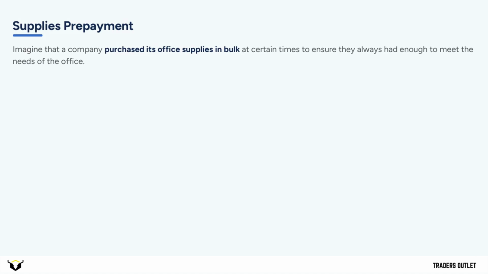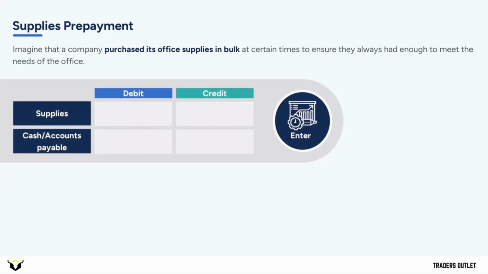Just like insurance policies, there is a future economic benefit associated with those supplies stored in the office, still waiting to be used. Since the supplies have not yet been consumed, they can't be recorded as an expense when they were just purchased. As a result, when purchases are made, we would record a debit to supplies, which would be an asset account, and a credit to cash or accounts payable.